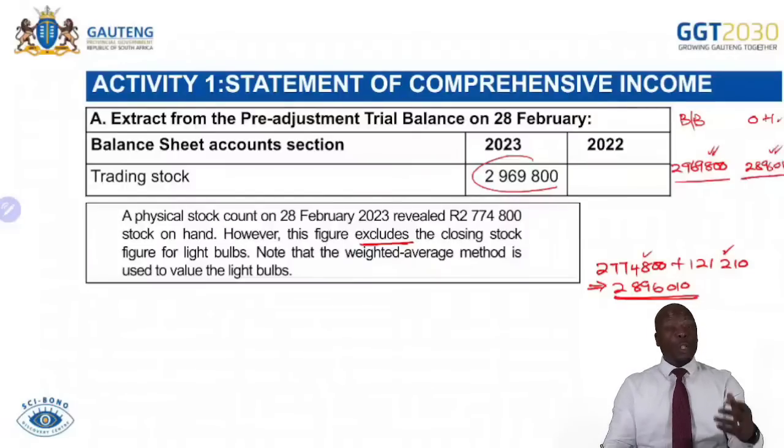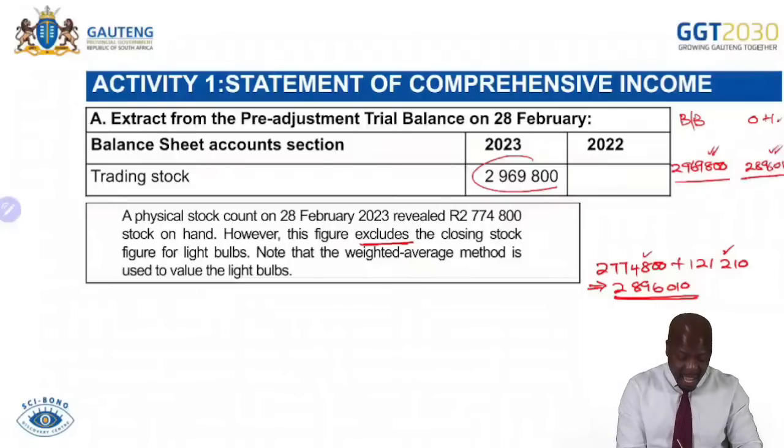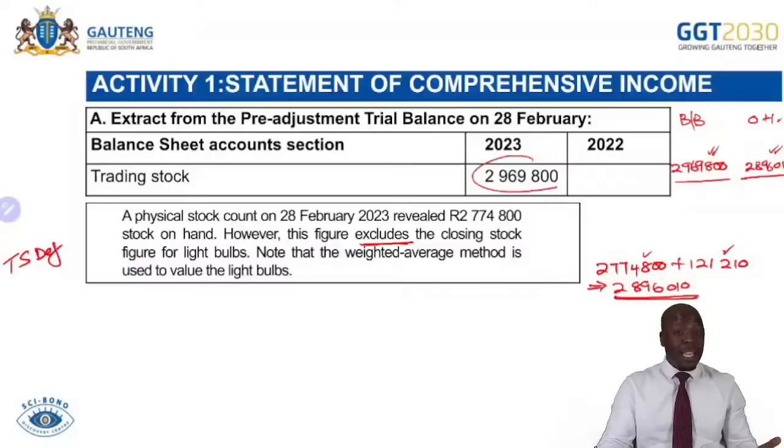That means our stock on hand is less. Once your stock on hand is less, it means you now have what is known as a trading stock deficit. Once your stock on hand is less than the stock that is on records, you have a trading stock deficit.